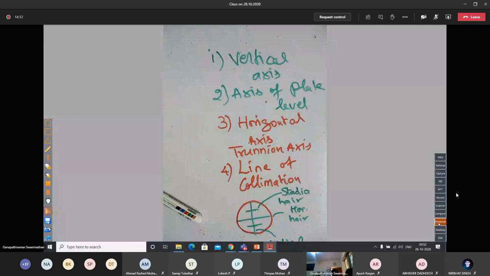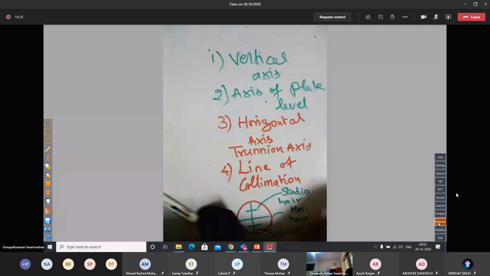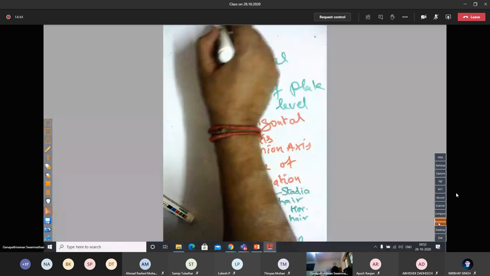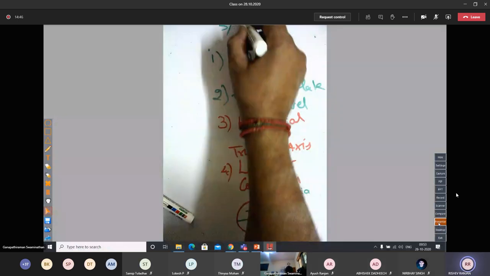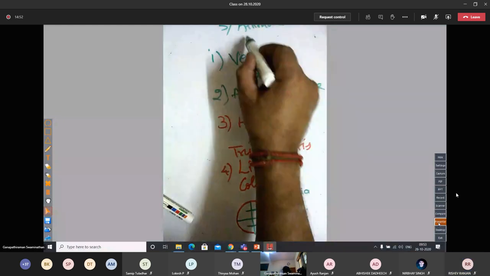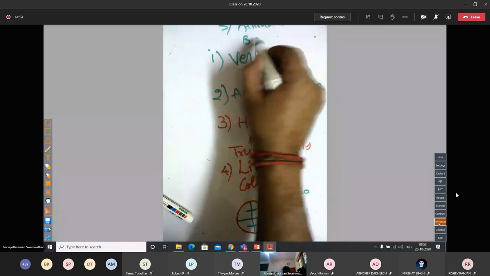Then the line of collimation in the field of view will look like this. Then what else? What is the fifth one? Axis of the altitude bubble.